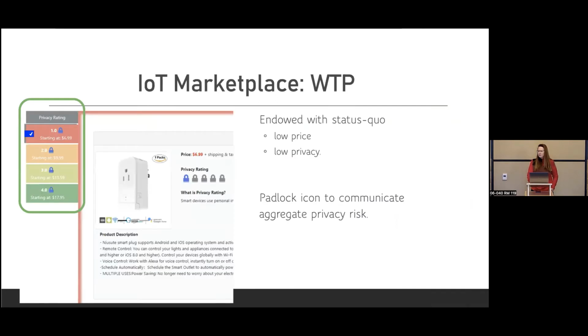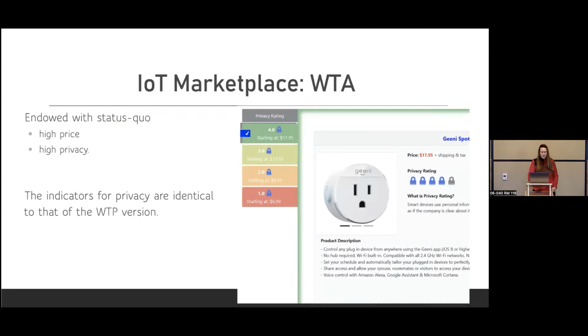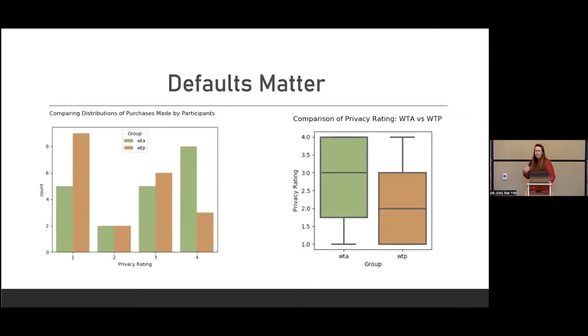But labels may not help if you just slap them on there. It depends on how you slap them on there. The default matters. When people are choosing software, if we present the software to them as you can get this benefit if you ignore security, it doesn't matter how good the label is, because people like defaults.